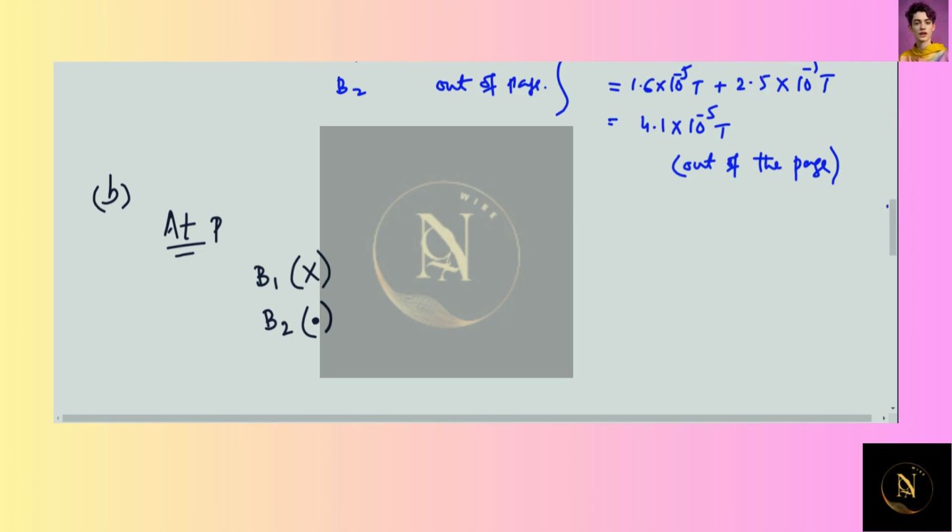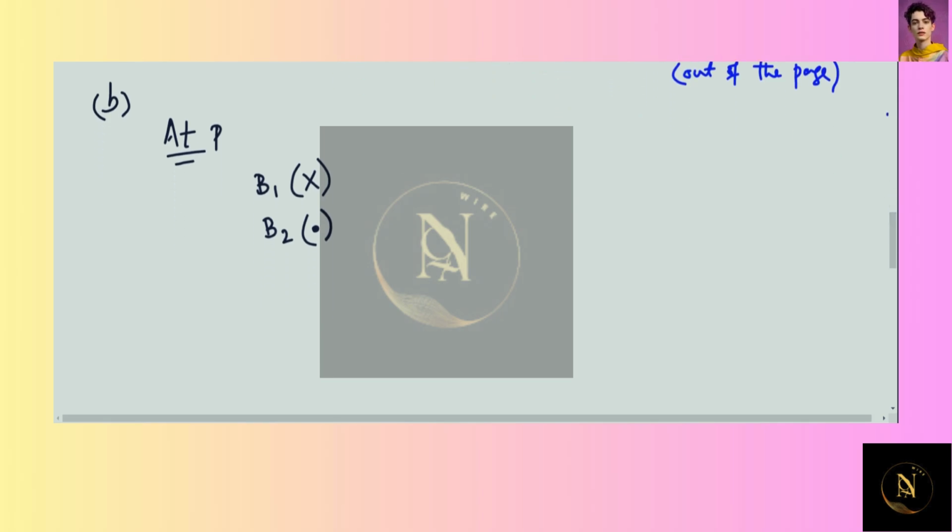Now we can find the net magnetic field at point P, which will be equal to B2 minus B1, as we have B2 equal to 2.5 times 10 to the power minus 5 Tesla minus B1, which is 1.6 times 10 to the power minus 5 Tesla.